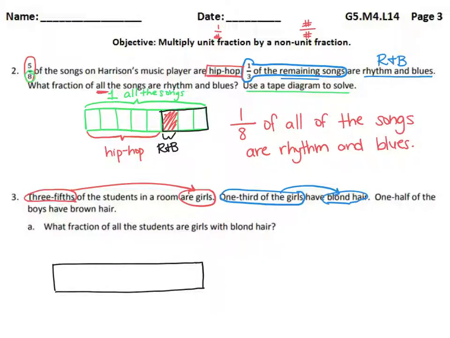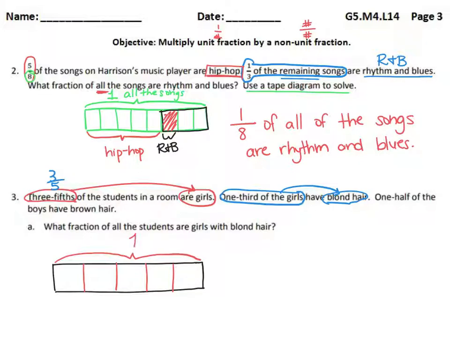So, if 3/5 of the students in the room are girls, we know that looks like this. 3/5. So we need to split our tape diagram into fifths. Now we need to figure out what is the whole. The whole is all of the students.